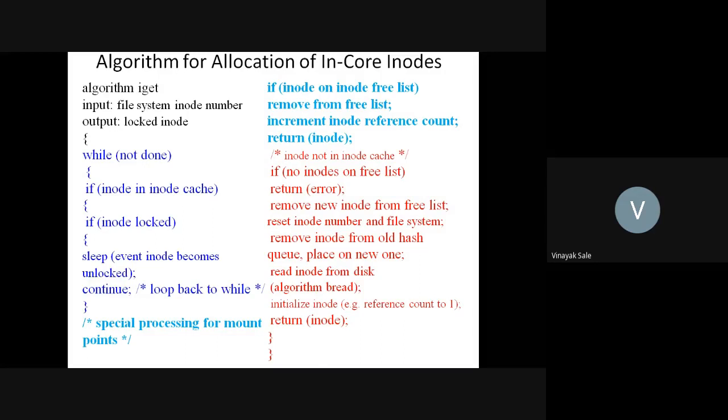Then read the inode from disk as per the buffer read algorithm, initialize the inode reference count to 1, and return the inode. This is the algorithm for allocation of in-core inodes.